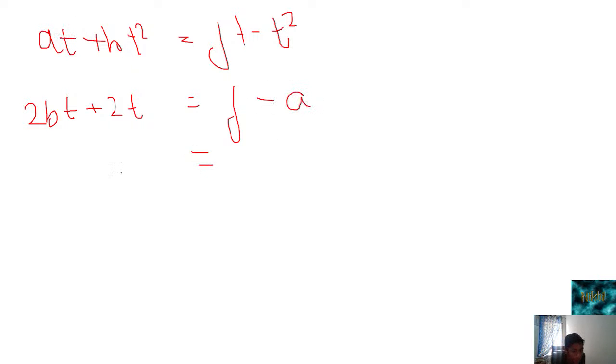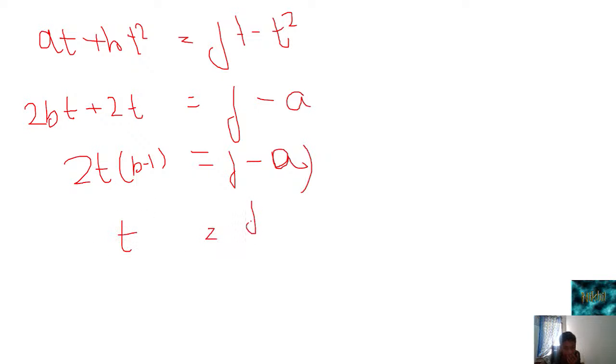Now what they have done: 2t common, b minus 1. Now to find t, because we have to find the time only, t will be f minus a upon 2 times b minus 1.